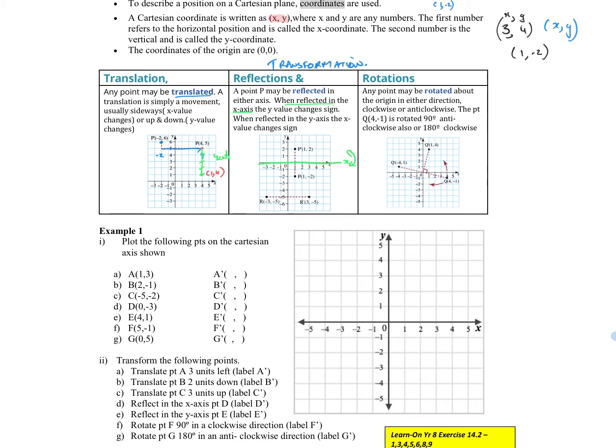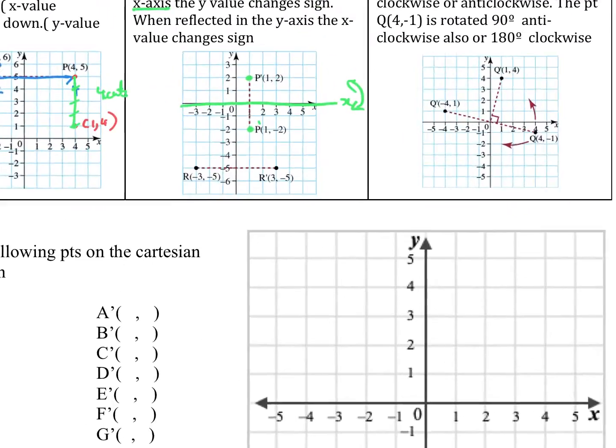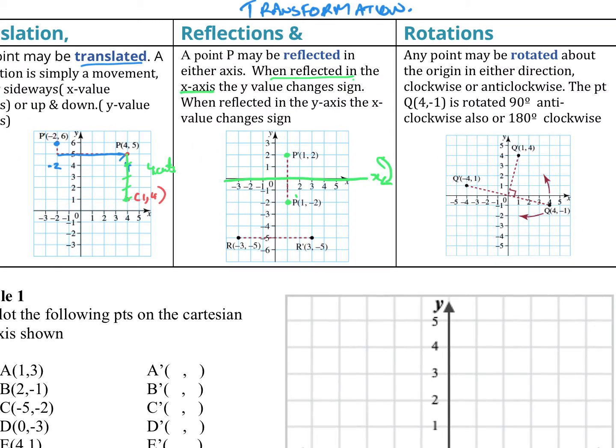When we reflect up and down, the y value changes. You'll notice I'm at the point P (1, 2), and it became the point P dashed (1, -2). So when we reflect in the x-axis, the y value changes. The x-axis is my center of reference, it's about that line.